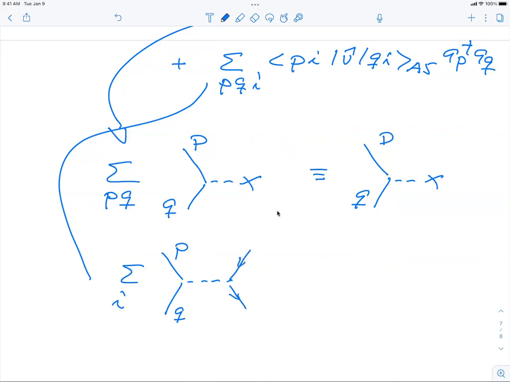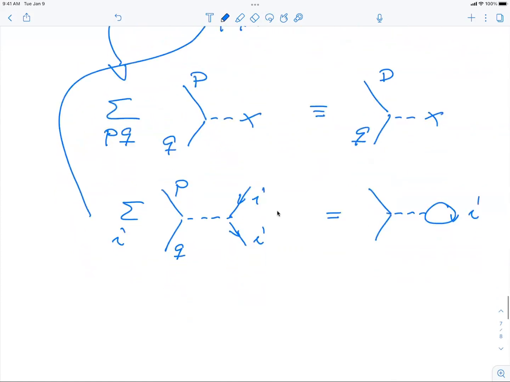So I have already labeled that state I like this as a hole state. Now, what is common is to replace this with the following notation, where we bring together the I's in a closed loop. And then we keep the labels P and Q here.